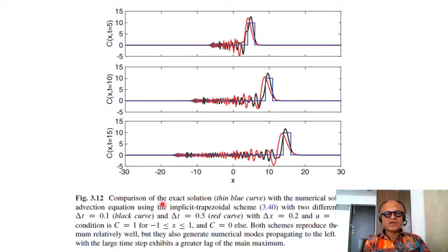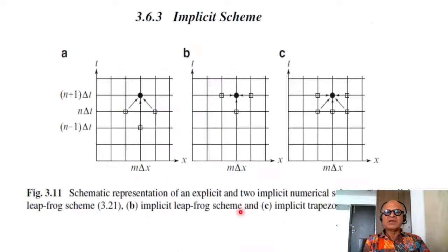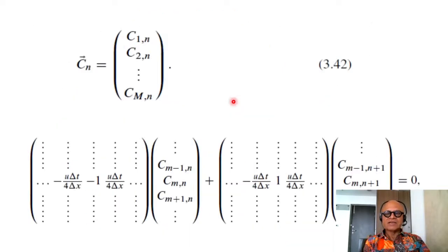So here is a comparison of the exact solution again, the thin blue line moving to the right in positive x, with numerical solutions of the advection equation using the implicit trapezoidal scheme that we mentioned here. So we are using this scheme. We can also do this with that, it doesn't matter.